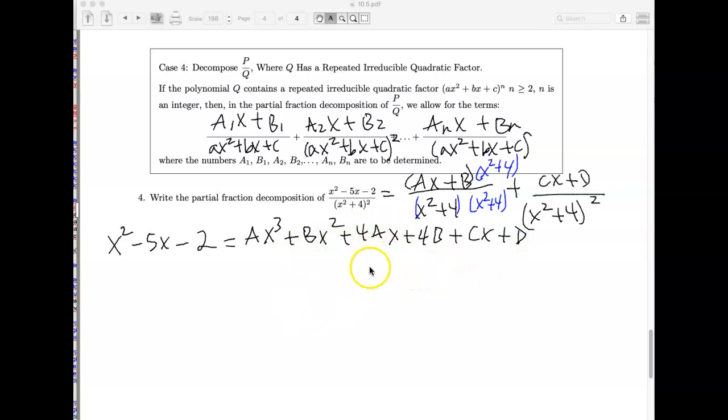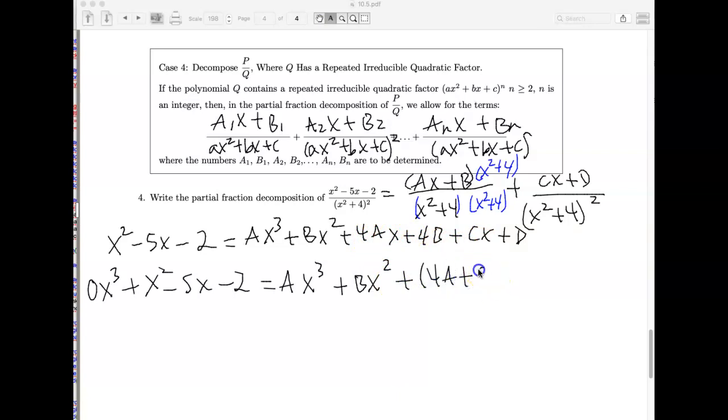We still want to equate the coefficients just like before, so we may want to think about this as 0x cubed plus x squared minus 5x minus 2 equaling ax cubed. There's only the one bx squared. And we have a 4a plus c times x plus 4b plus d.